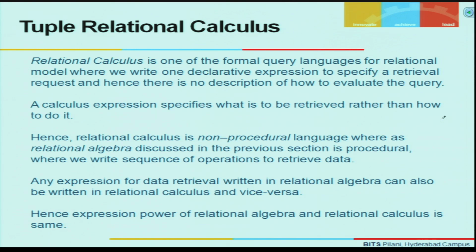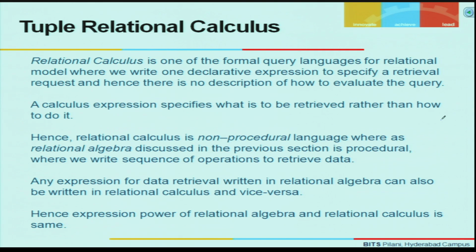Whereas relational algebra is a procedural query language, because in relational algebra, as we have seen in the previous case, I decide what needs to be extracted from the database. To achieve that, I write a sequence of relational algebraic operations in a particular sequence to extract the required data. So that's why it is called procedural.